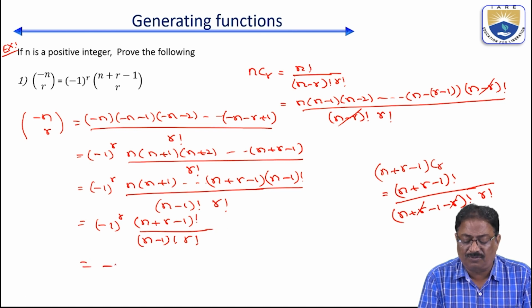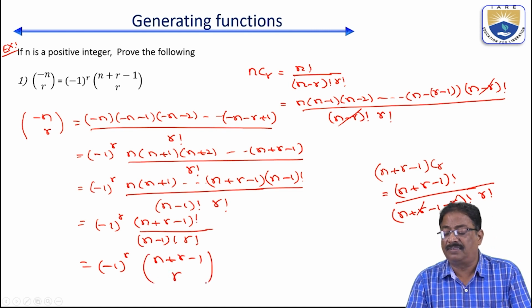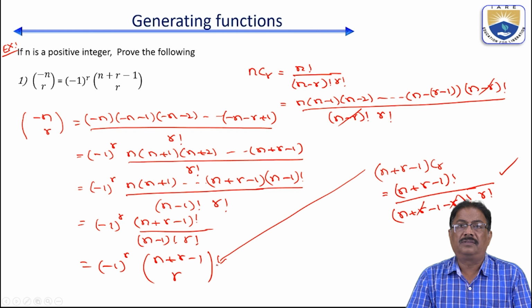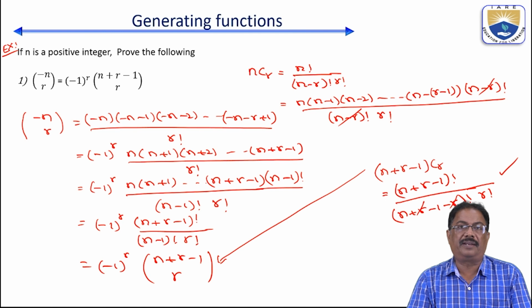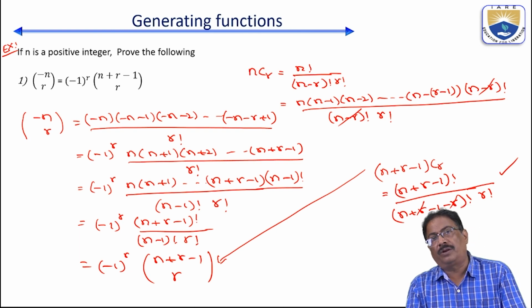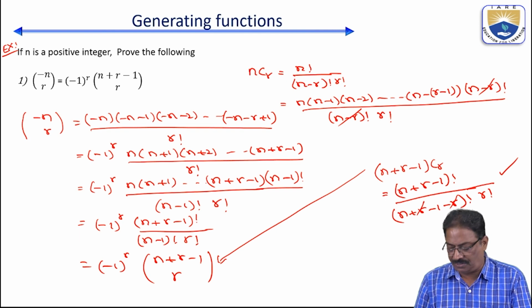So this is minus 1 to the power of r, then nCr in the place of n, and n minus 1 C r, which is equivalent to this. I just replace it here. So this is the proof: minus nCr can be written as minus 1 to the power of r, n plus r minus 1 C r. This kind of problem we use while solving recurrence relations using generating functions.